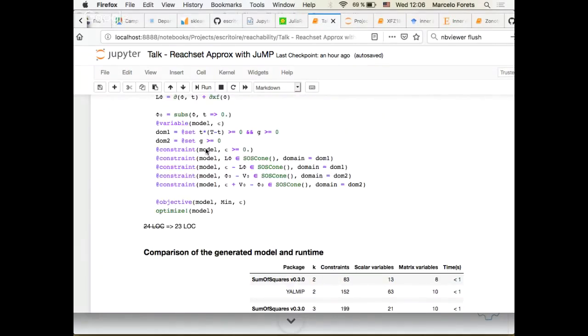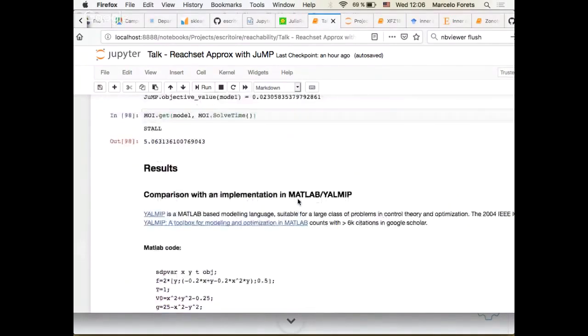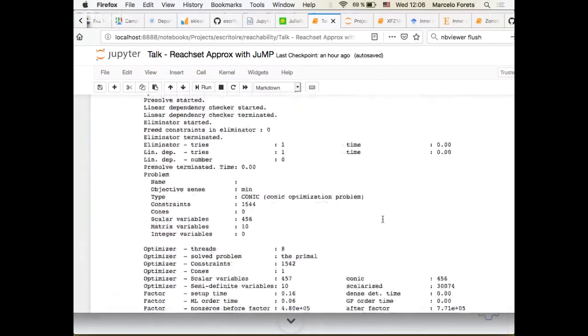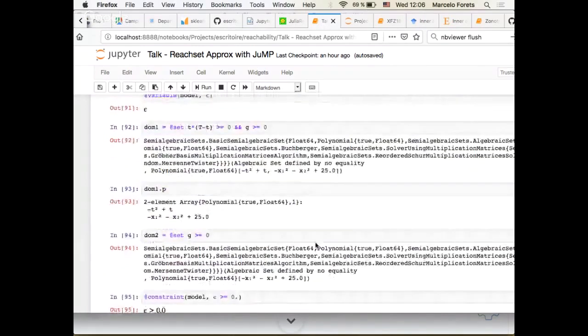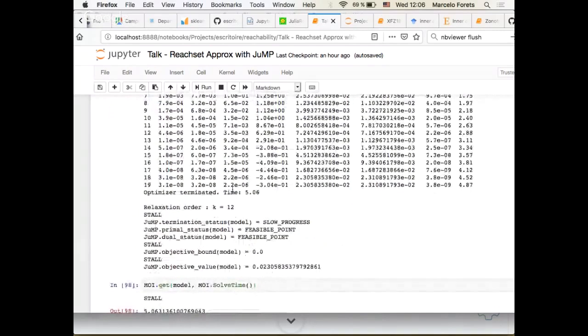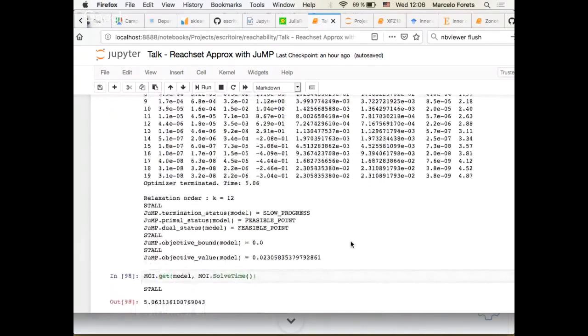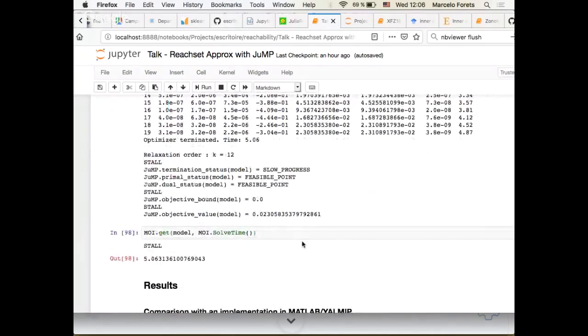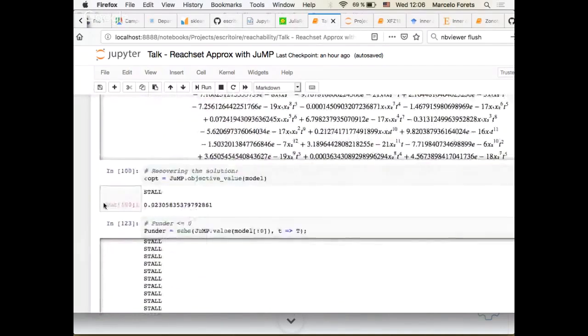I don't know exactly why it stalled, or if there is another lower level parameter that I can choose. But for instance, here, when I presented the epsilon, 0.02, if I increase the relaxation order, this is smaller.